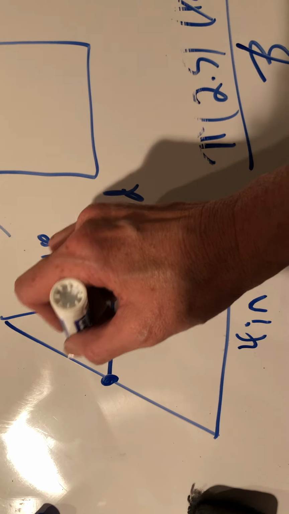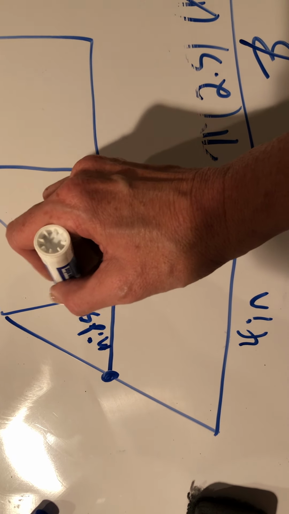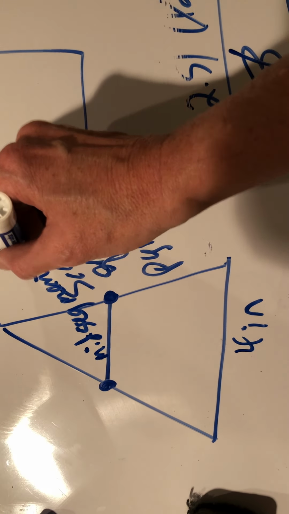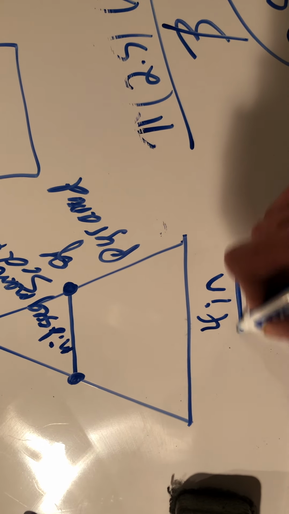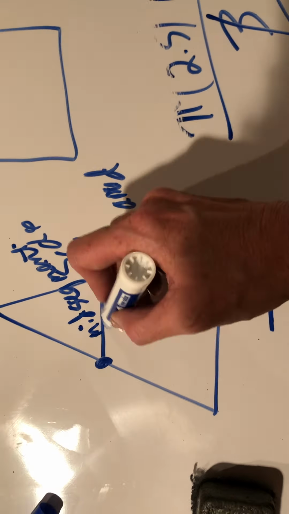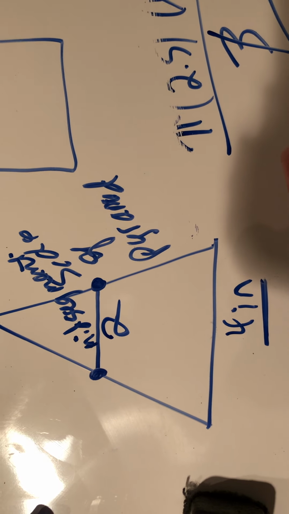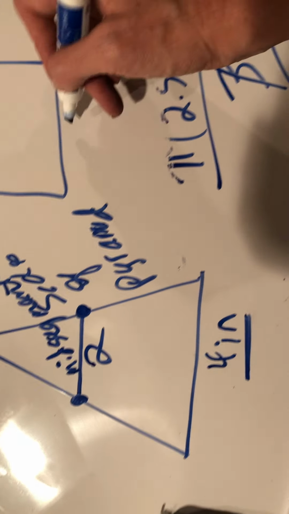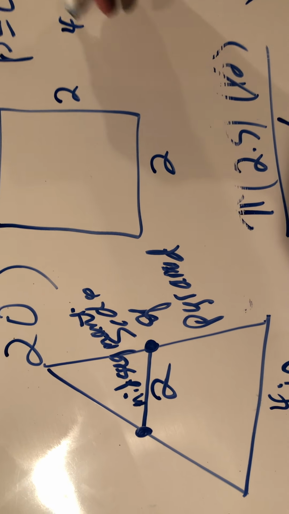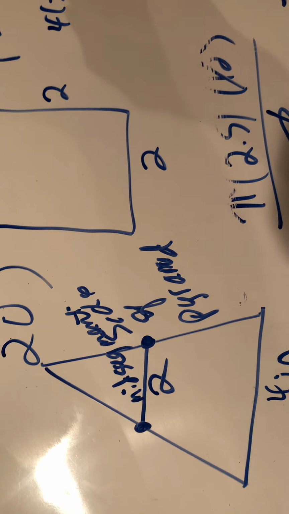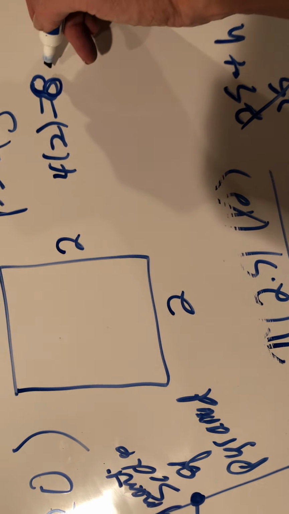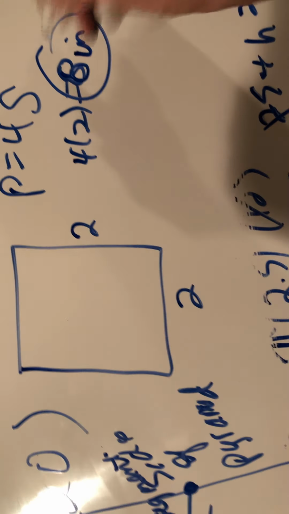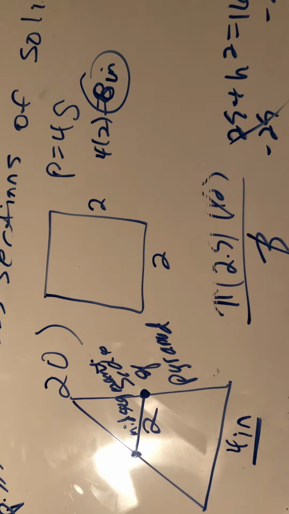Guys, this is a mid-segment. So if this is a mid-segment in a triangle, that means it's half of the base. So this is 2. So if this is my cross section, each side is 2. So 4 times 2, 8. My 8s are terrible right now. 8 inches. So that's how number 20 works.